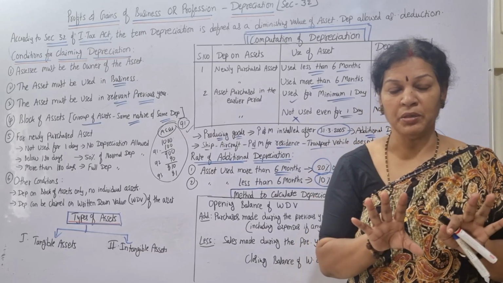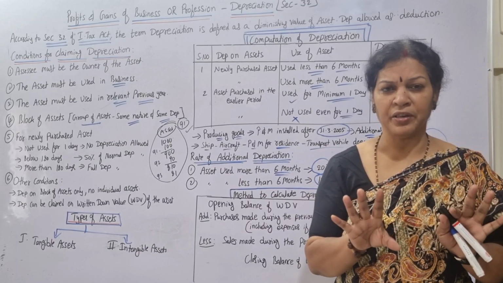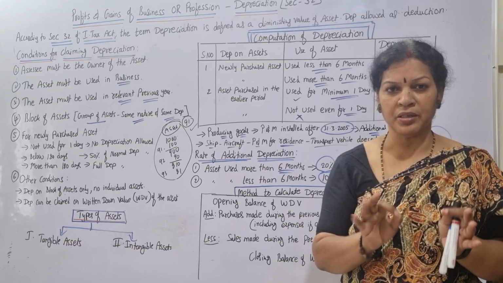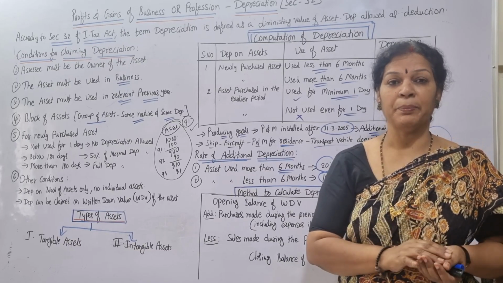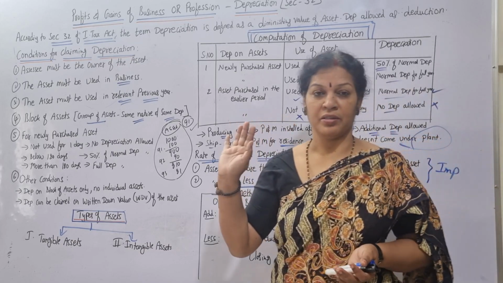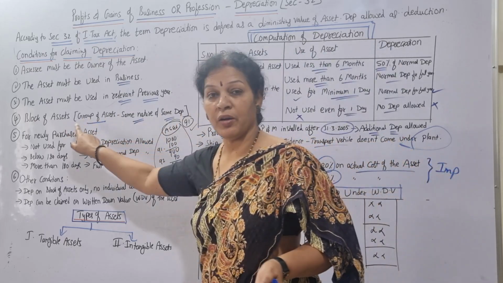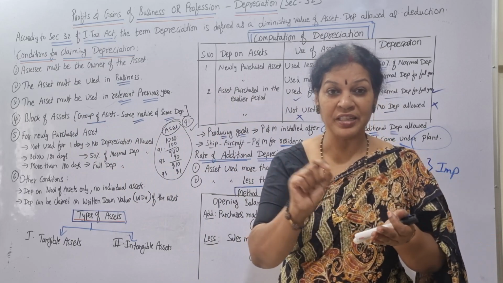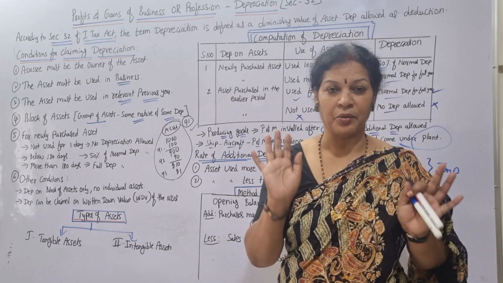So this table you have to just identify and remember it. You need not learn it by heart, because in examples, according to this table only you will be given the percentage. But identify the block. What is that block? Block of assets means now you have an understanding of the group table. Each block is saying different assets, that you have to remember.